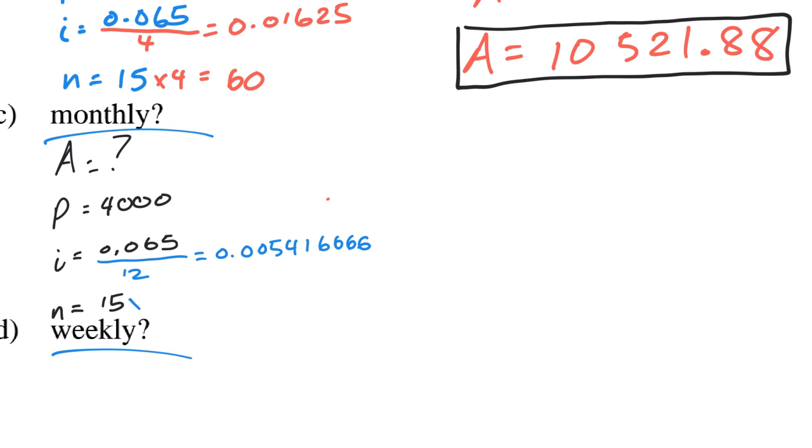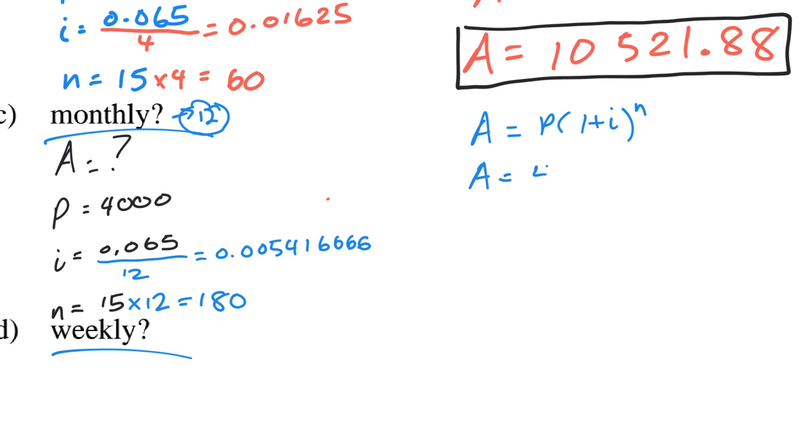And then we're going to have 15 times 12 because it's 15 years times 12, which is going to be 180. So you got A, P(1 plus I) raised to the N, and we end up with A is equal to this.